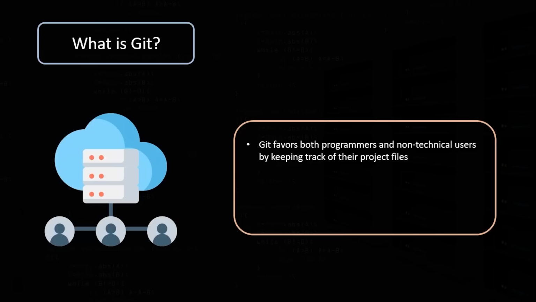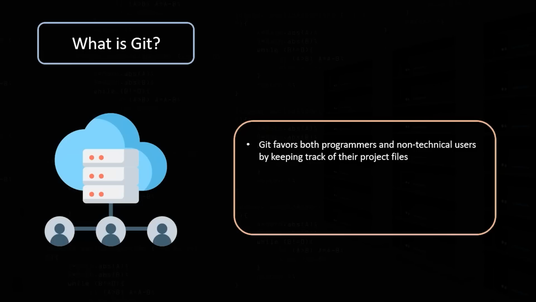Now Git favors both programmers and non-technical users. If you are a programmer, definitely you will use it for storing source code, having files with .NET, Java, or other source code. But if you're not a developer or a programmer, and you work in a non-technical job, in that case also you can store your project files.